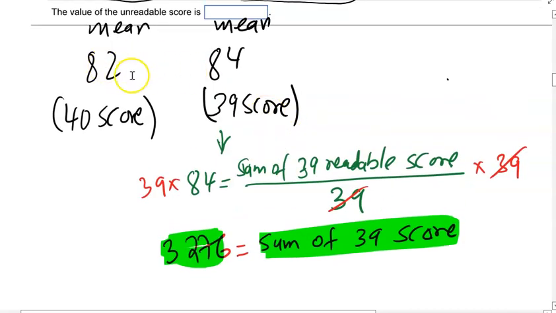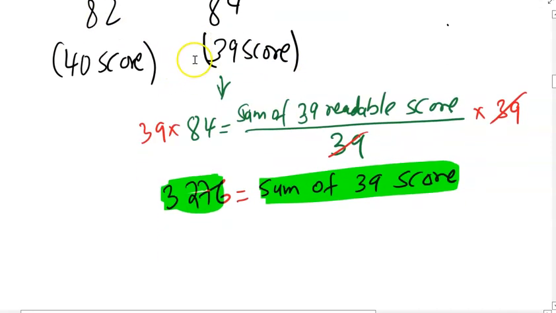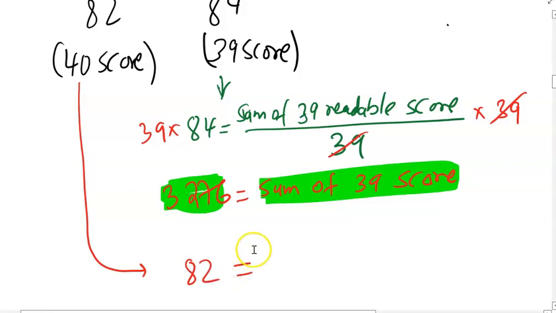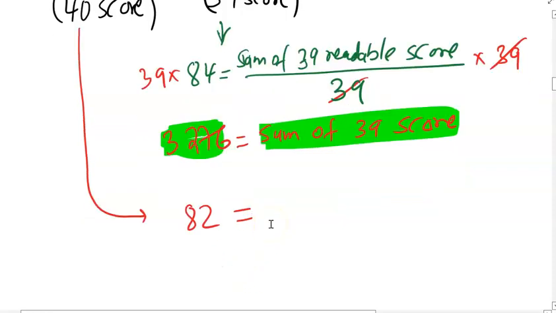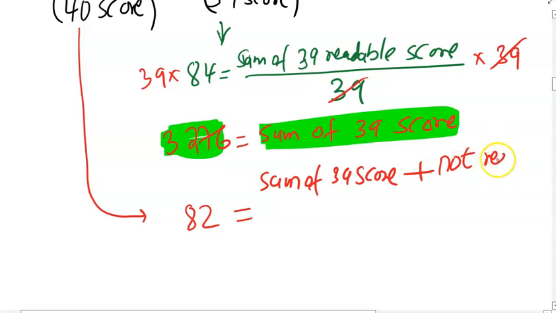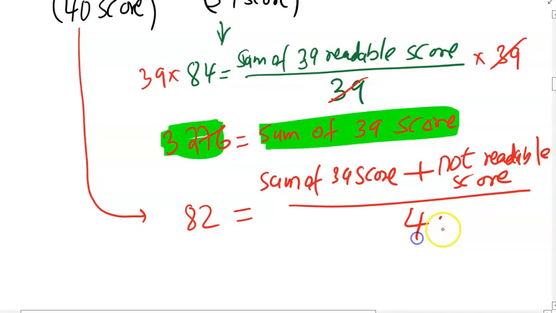Now let's use 82. What is 82? 82 is the mean of what? 40 scores. Therefore, the sum of the 39 scores plus the last score, the not readable score, divided by 40.